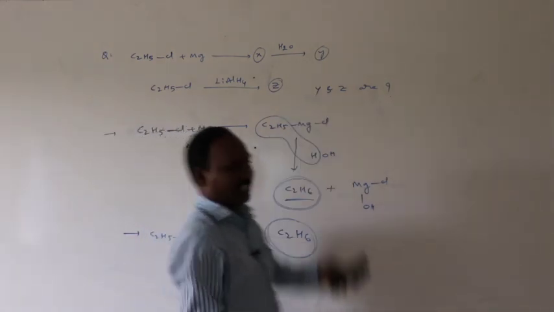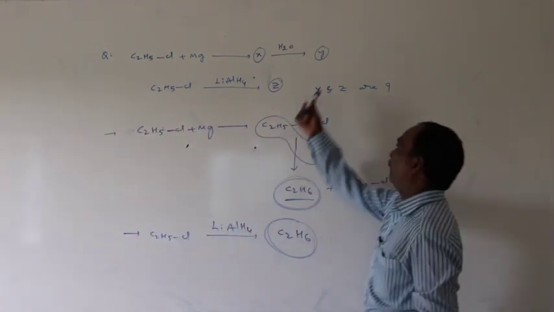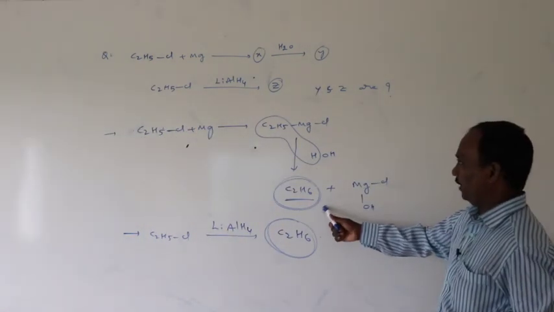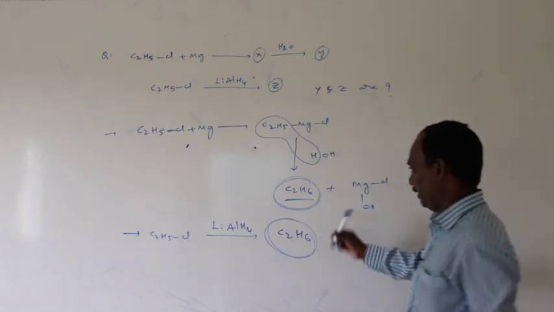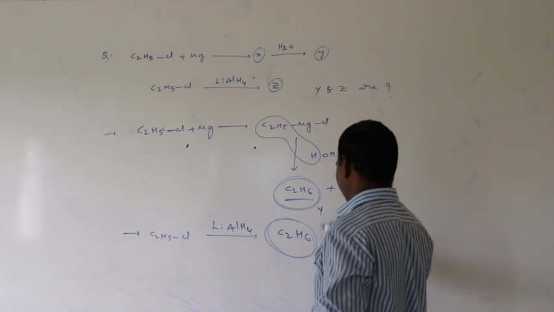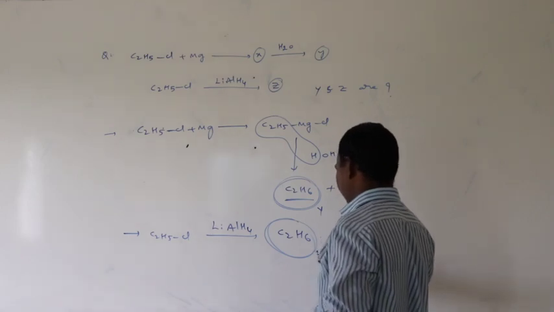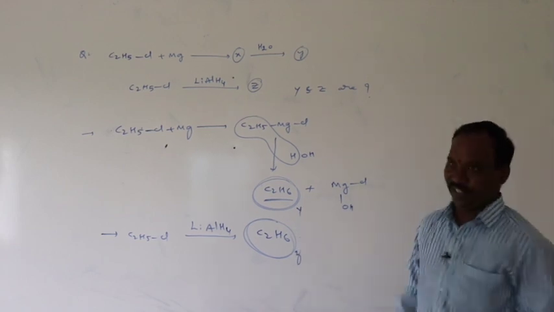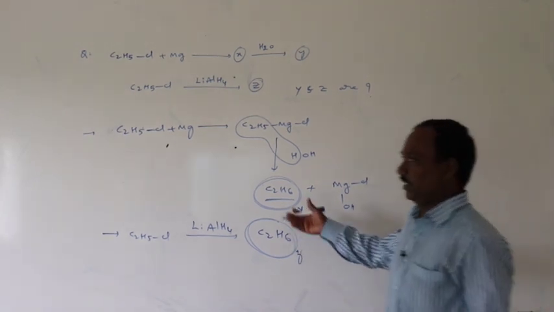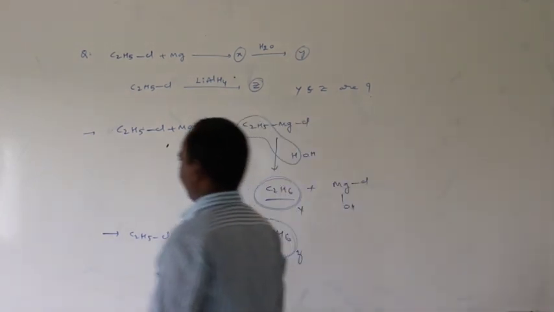What about Y and Z? Y compound is ethane. Z compound is also ethane. So Y and Z are same alkanes, C2H6 ethane, same alkanes.